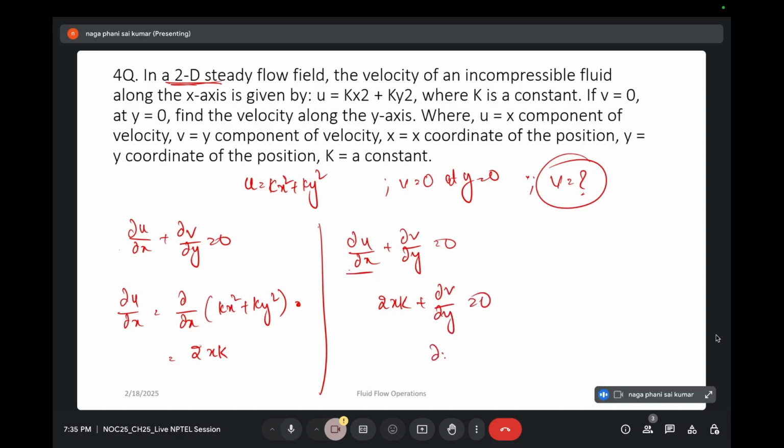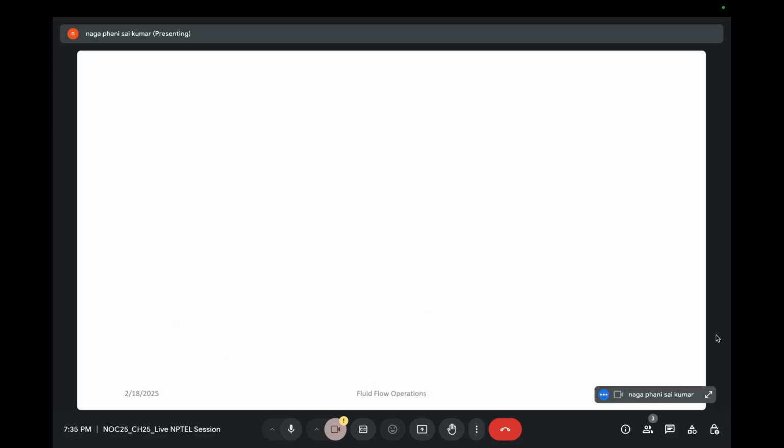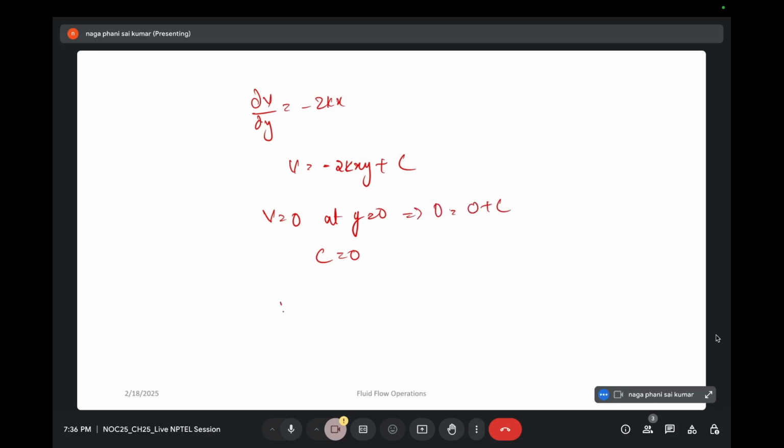This becomes ∂v/∂y is equal to minus 2kx, right? Just integrate this and we get v is equal to minus 2kxy plus C. But we're also given a condition that v is equal to 0 at y is equal to 0. If you substitute this, 0 is equal to 0 plus C, so C will be 0. That means v is equal to minus 2kxy.